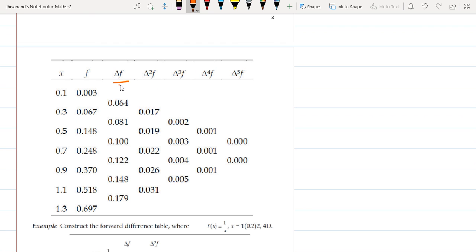So x and y values are the same as we have taken. We just have to calculate delta f. Delta f is nothing but y1 minus y0.